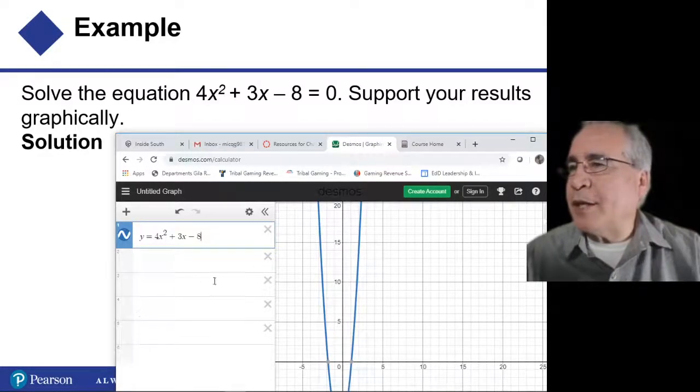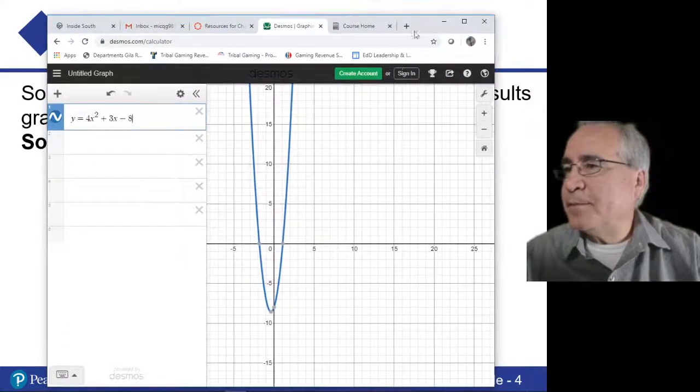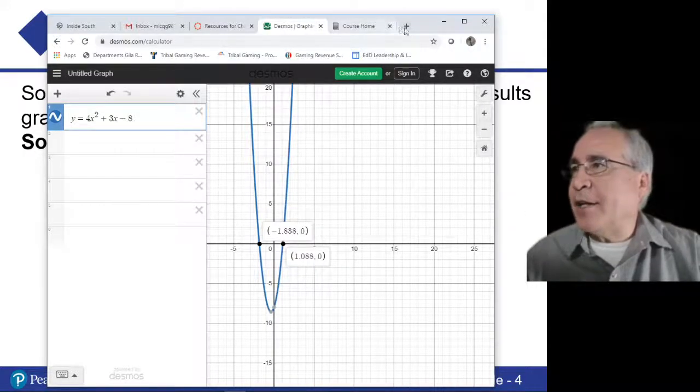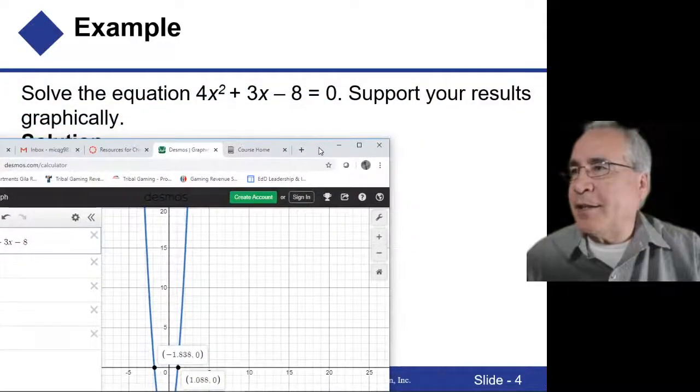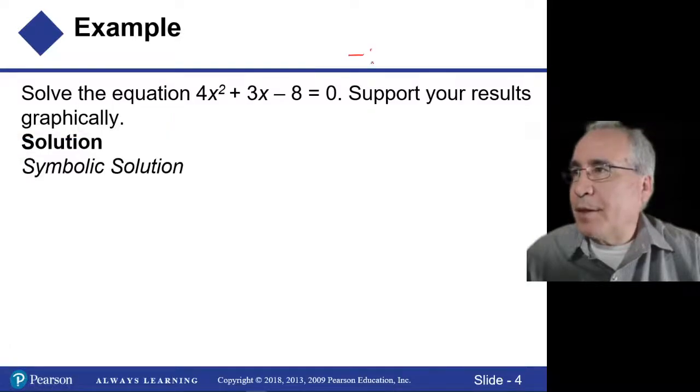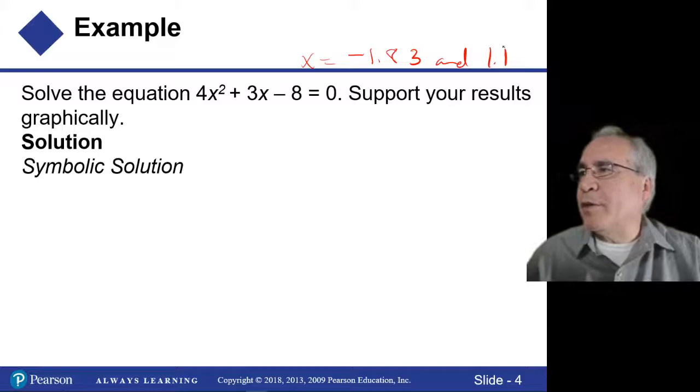We see that it crosses in two places. We click and we got it: minus 1.838 and 1.088. Okay, so we've got our two answers right there. We could write them in here. Point was at 0, so we'll just go 1.1. We'll round that up.